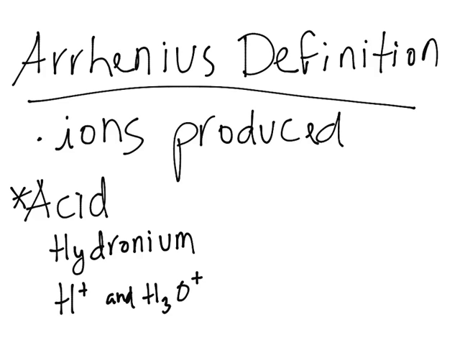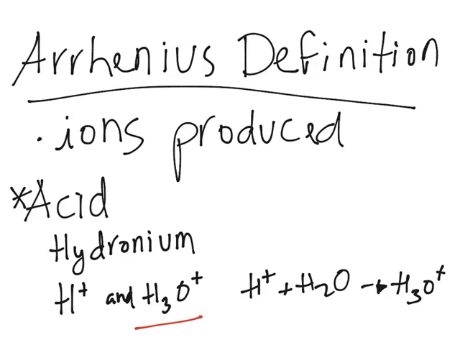This is basically the H plus and the H2O forming the hydronium ion. But you can call hydronium the H plus or this. So whenever you see an H plus or a hydronium ion, you can say that is called an Arrhenius acid.